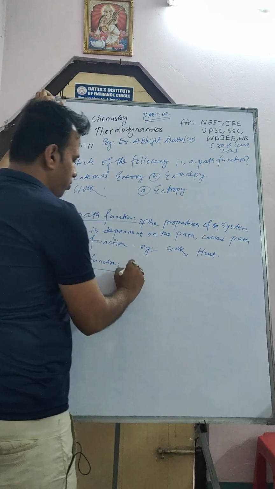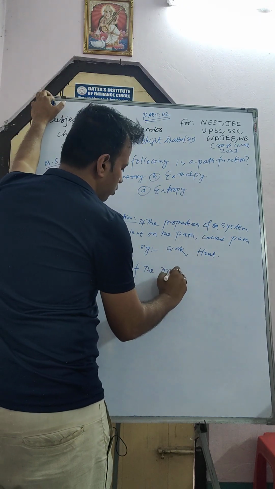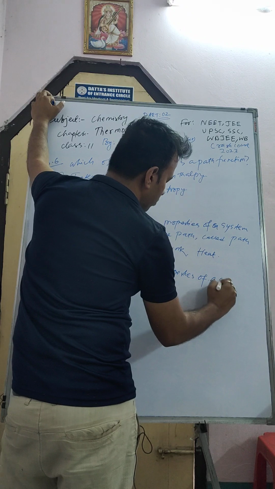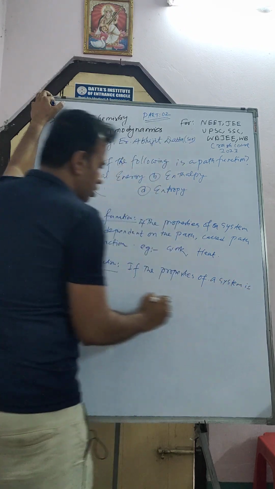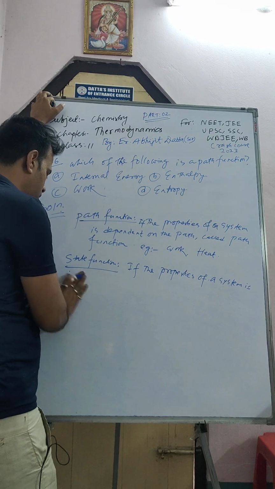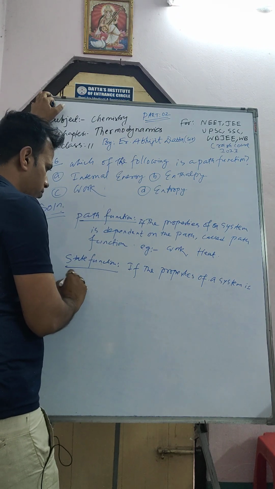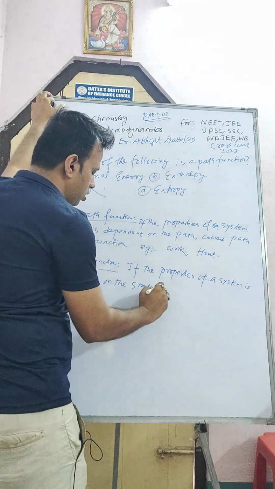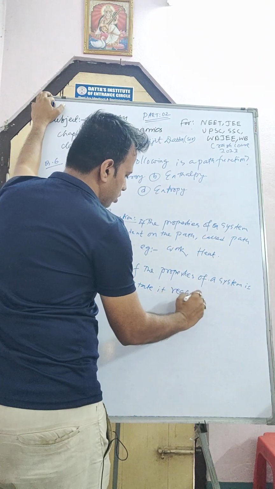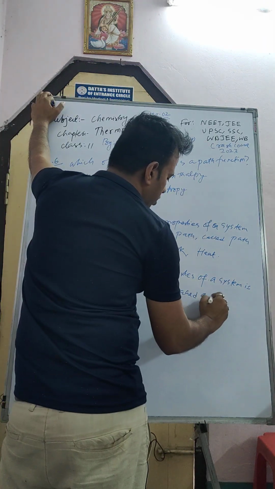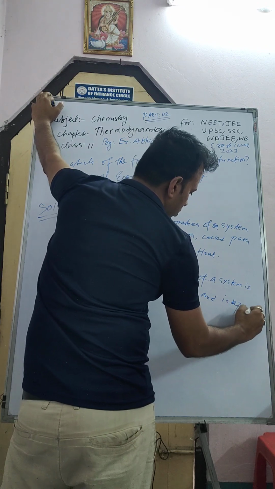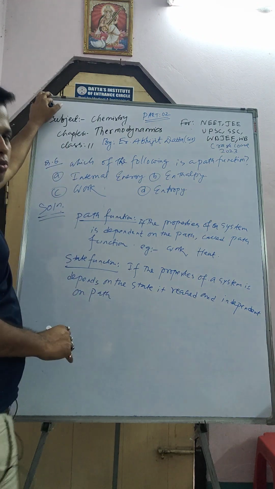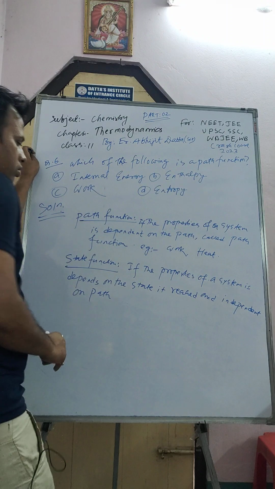Now state function: if the properties of a system depends on the state it reach, and independent on path.